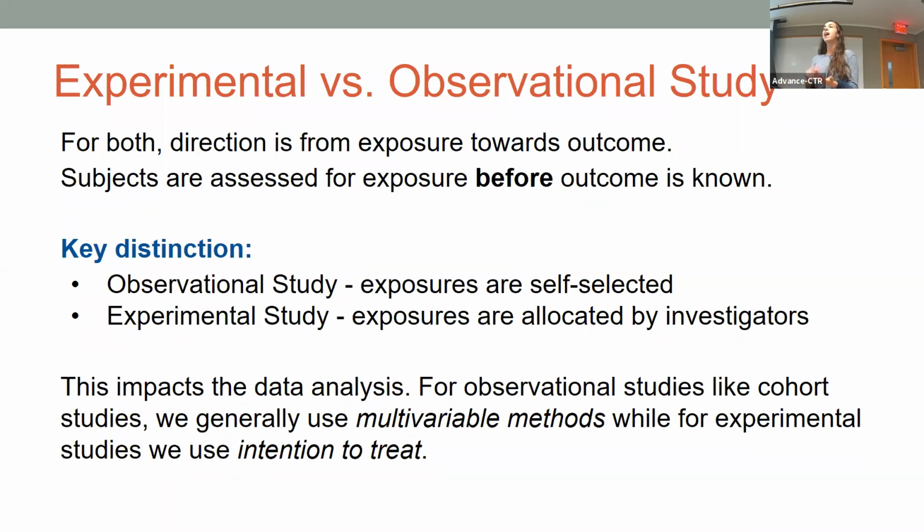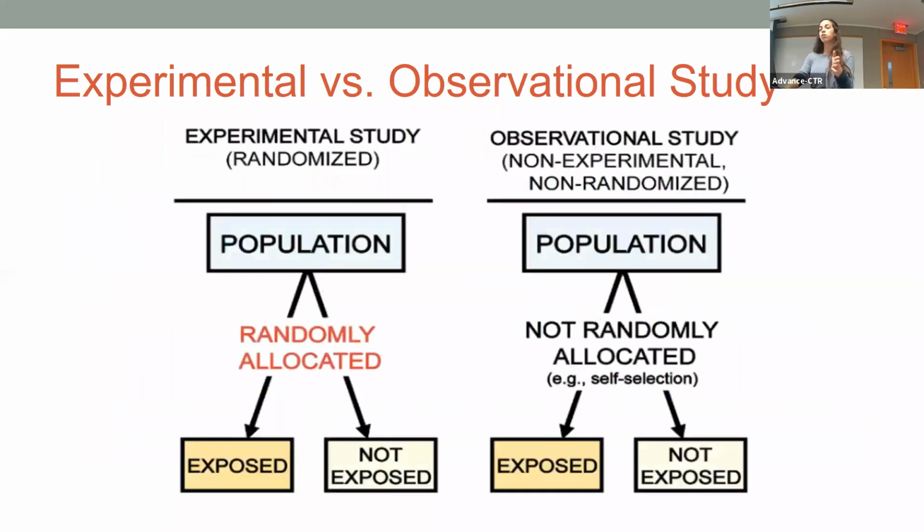So going back to our motivating example, in a randomized control trial, the individuals who end up being exposed versus not exposed, on average, should be about the same because this was a random allocation. However, in the observational study, the individuals who were exposed are likely going to be very different from the individuals who were not exposed. The individuals who chose to, for example, smoke are likely going to have different baseline characteristics than the individuals who decided not to smoke.